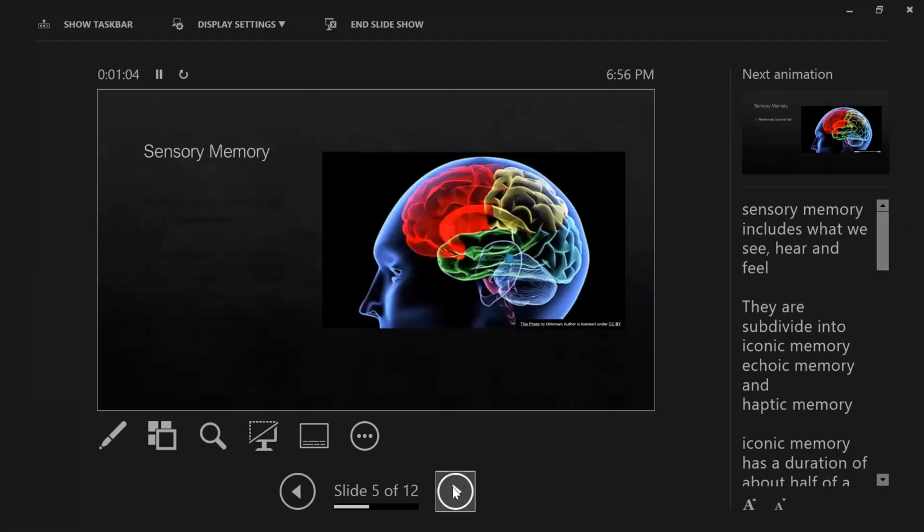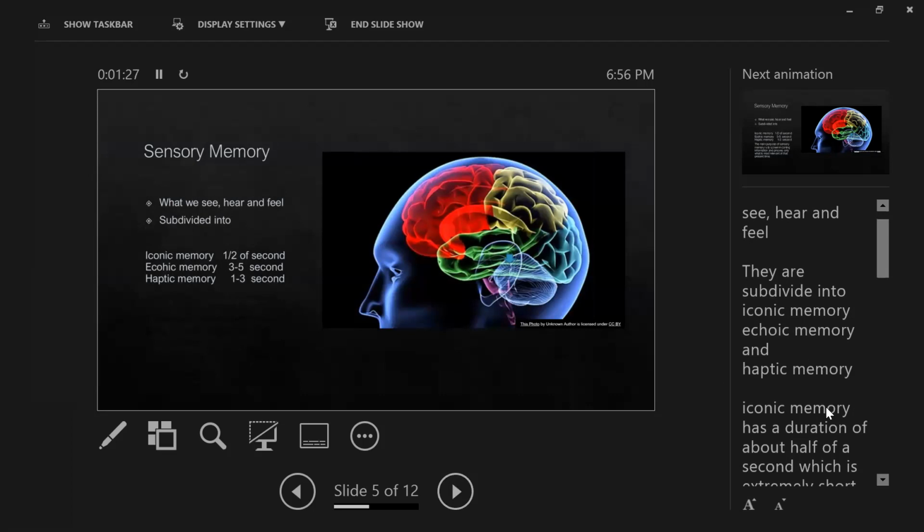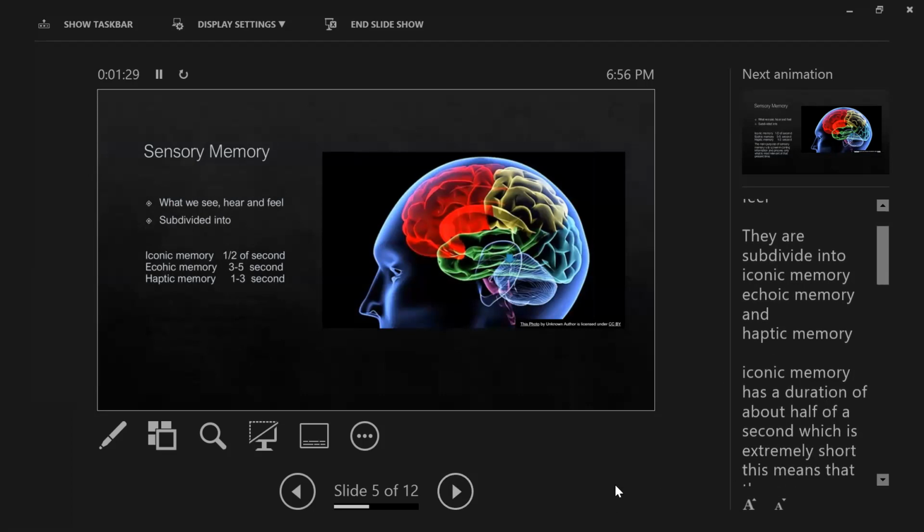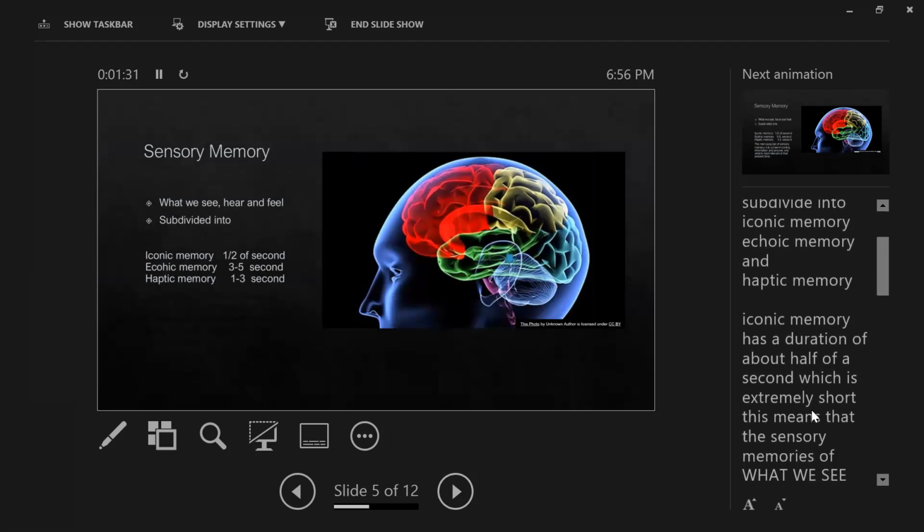Sensory memory includes what we see, what we hear, and what we feel. It is subdivided into 3 different memories: iconic memory, echoic memory, and haptic memory. Iconic memory is basically where we use our sense of sight, our eyes, with a duration of half a second, which is extremely short.